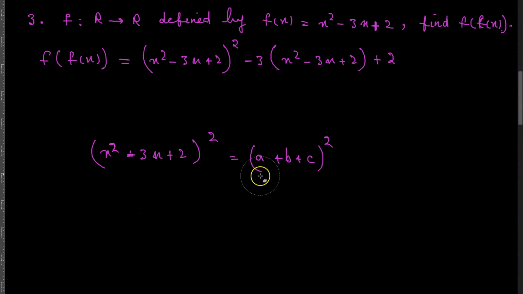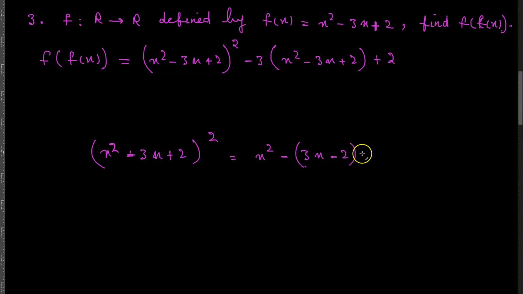What you can do is write this simply as, for example, x squared minus (3x minus 2), right? So you have to change this sign as well, because that's negative 3x, negative into negative is positive.